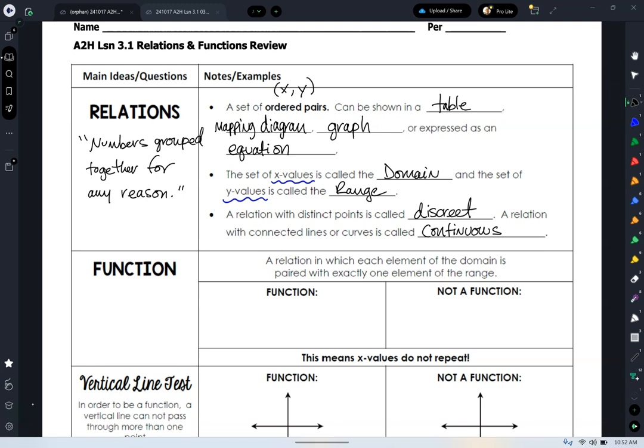Now, the literal definition of a function is that it's a relation in which each element of the domain is paired with exactly one element of the range. All right. Now, when we do set notation, we're going to do a little squiggly like this. These are called braces. And then within the set notation, we're going to have a set of ordered pairs.